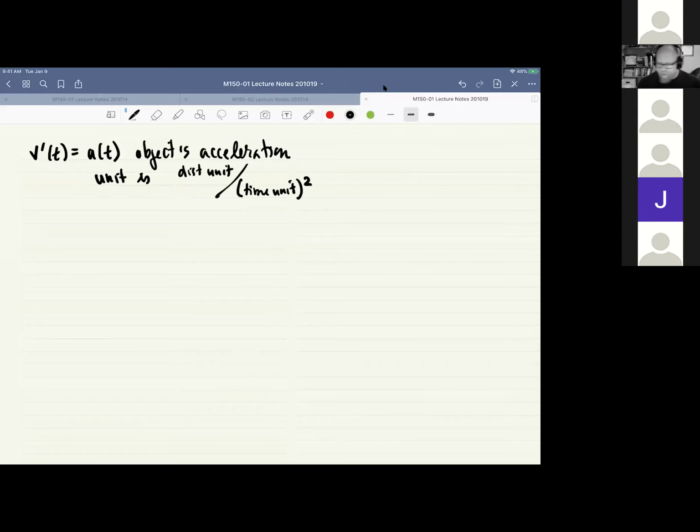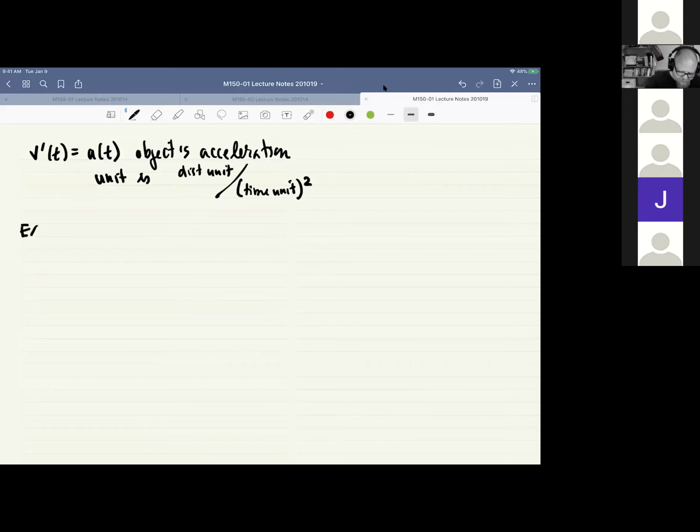Okay, so for example, a unit of acceleration might be meters per second squared. That's a unit that physicists use to describe acceleration, like the acceleration due to gravity, for example, and that's 9.8 meters per second squared.